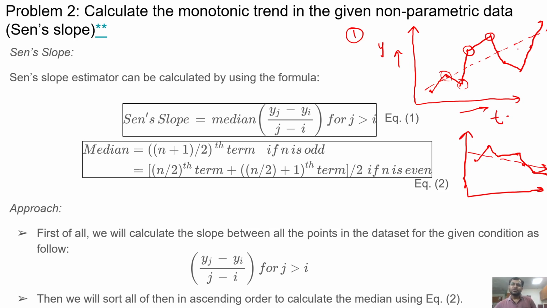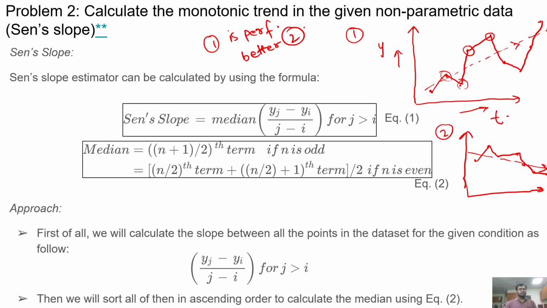This would give the company an idea that outlet 1 is performing better than outlet 2. So this is the importance of the monotonic trend.